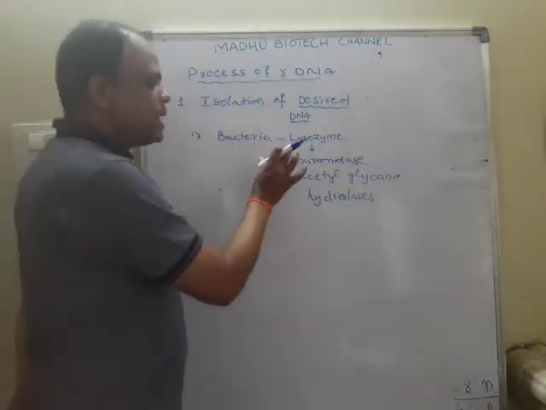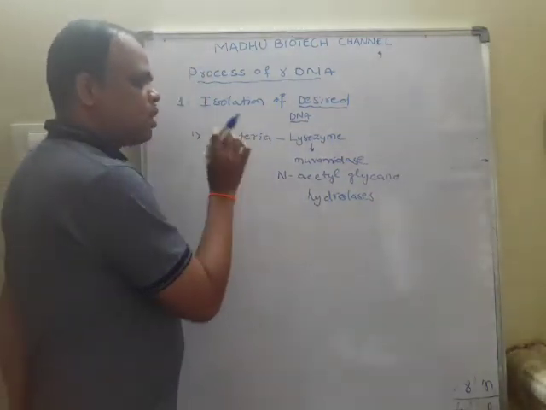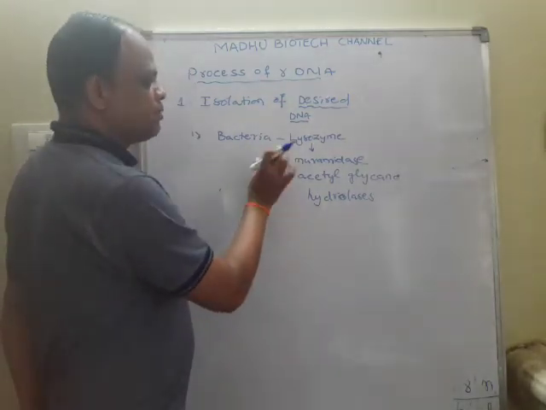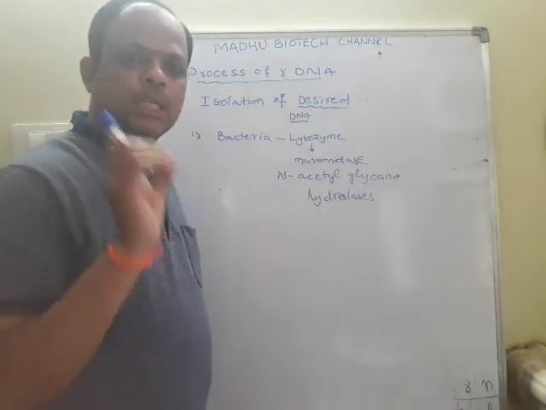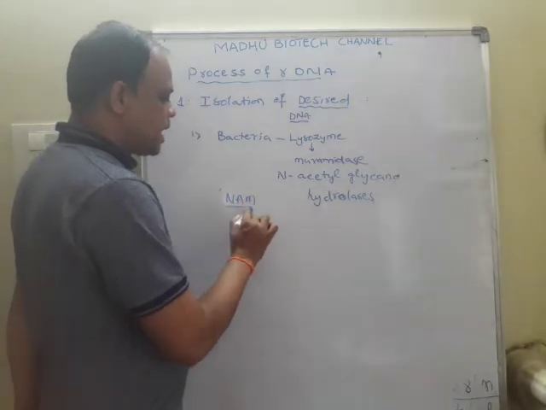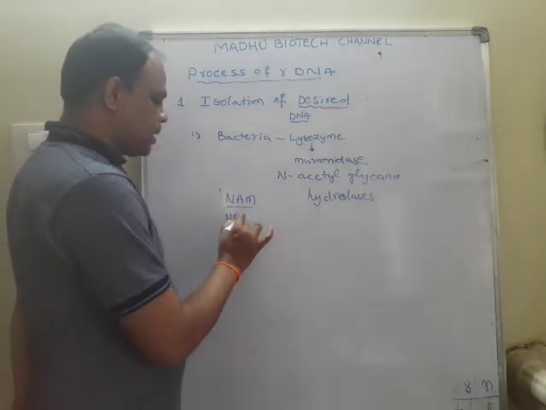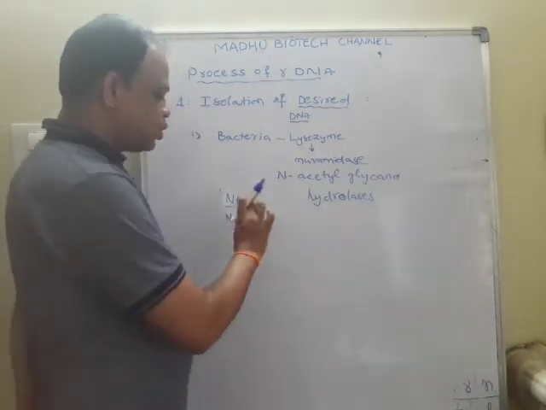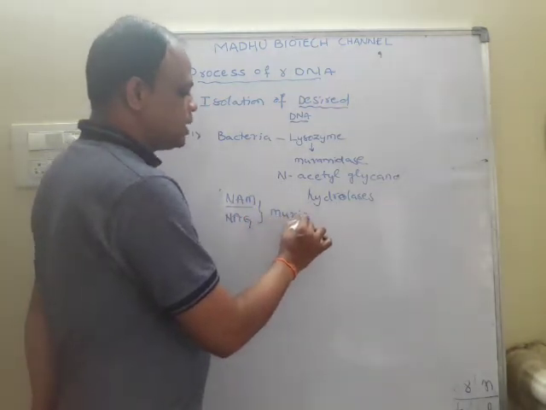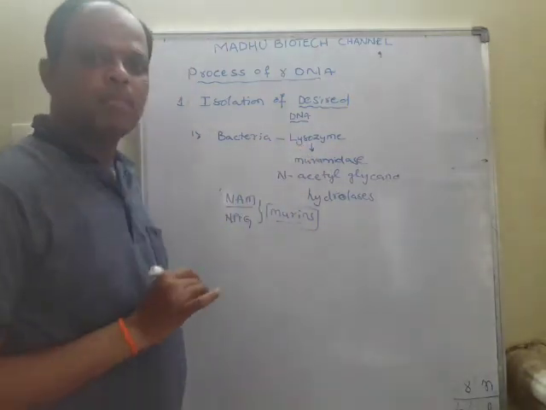This enzyme is a hydrolytic enzyme. The bacterial or prokaryotic cell wall is made up of different types of murein, which is also called NAM and NAG, N-acetyl muramic acid and N-acetyl glucosamine. Both of these components are made up of murein. To degrade this murein we use the lysozyme enzyme.